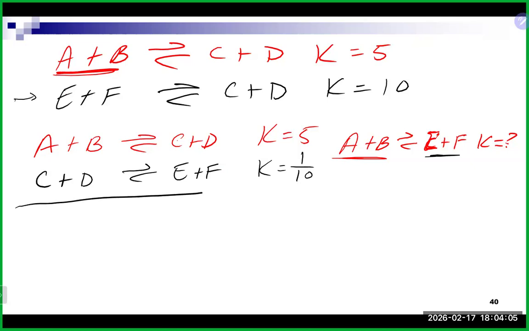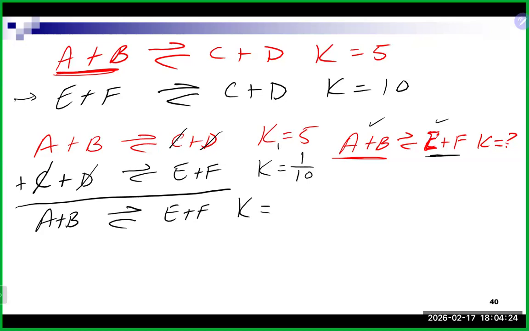Now, if I did this correctly and I add these together, these C's should cancel, these D's should cancel, and that will leave me A plus B goes to E plus F. And again, that is the equation that I'm looking for. Now, in terms of the K for this, we'll call this K1 and K2. We would take K1 times K2.